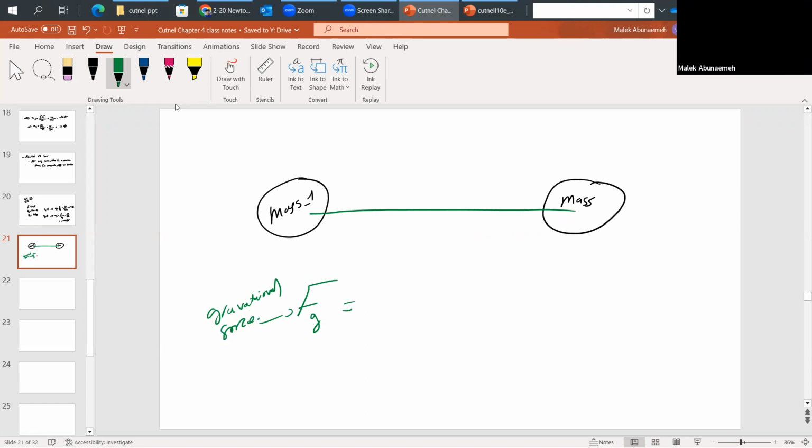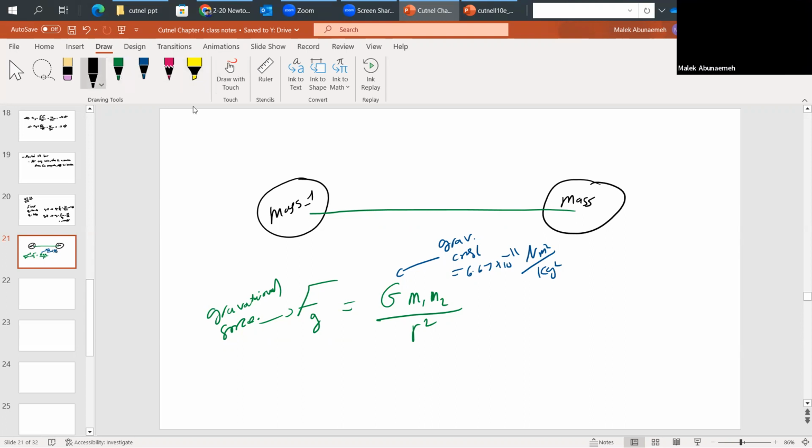And this is going to equal some kind of constant, which is G, times your first mass times your second mass divided by the distance squared. G is called your gravitational constant, which is 6.67 times 10 to the negative 11 newton meter squared per kilogram squared.